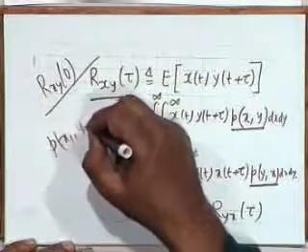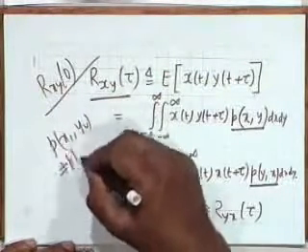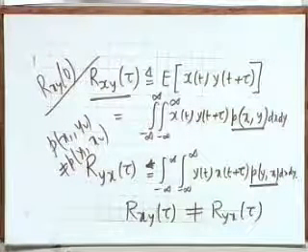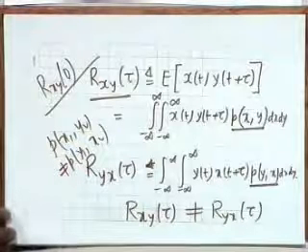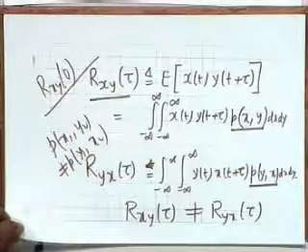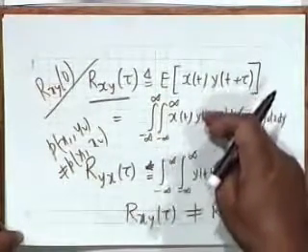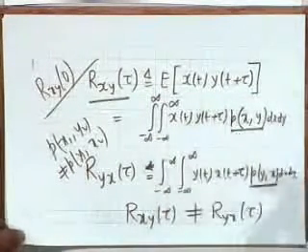Px1 y2 is not necessarily equal to Py1 x2. We'll come to this a little later. Similarly for the time cross correlation functions, we can have ensemble cross correlation functions over the ensemble.